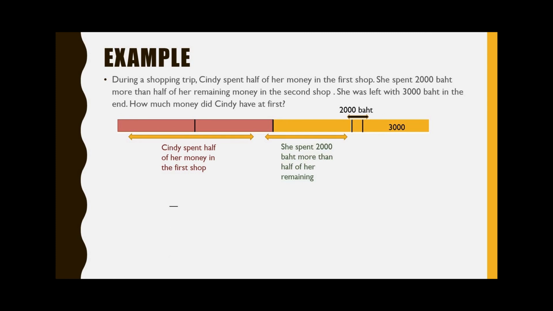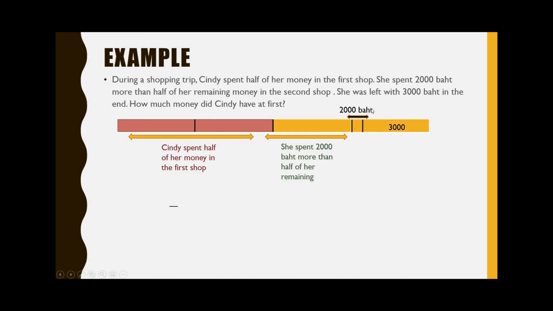We would divide the total of her money into 4 equal parts. If we can find one part, we can find how much money Sydney had at first before she started shopping.